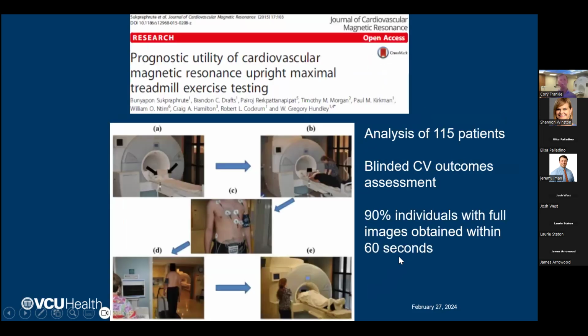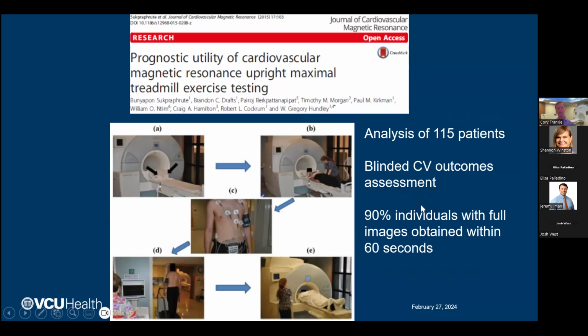And then in a later publication, they now had 115 patients where they had used this approach to exercise testing. And with a blinded assessment of cardiovascular outcomes, they found that in 90% of their individuals, they had full images obtained within 60 seconds of exercise termination.